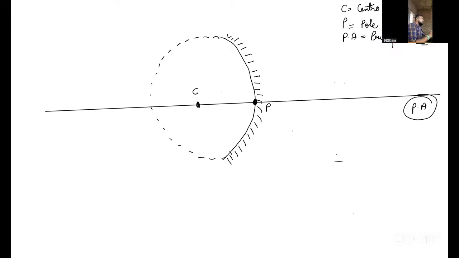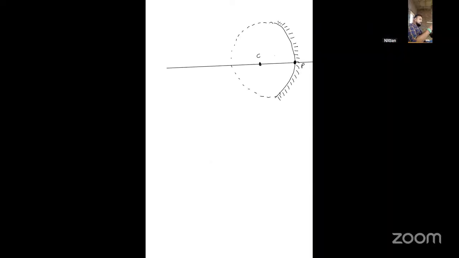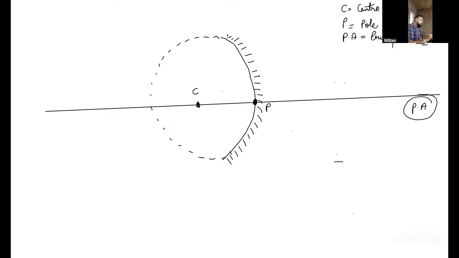Now, for example, in a circle, the distance between the center and the circumference is called the radius. That's why it is called the radius of curvature. R stands for radius of curvature.